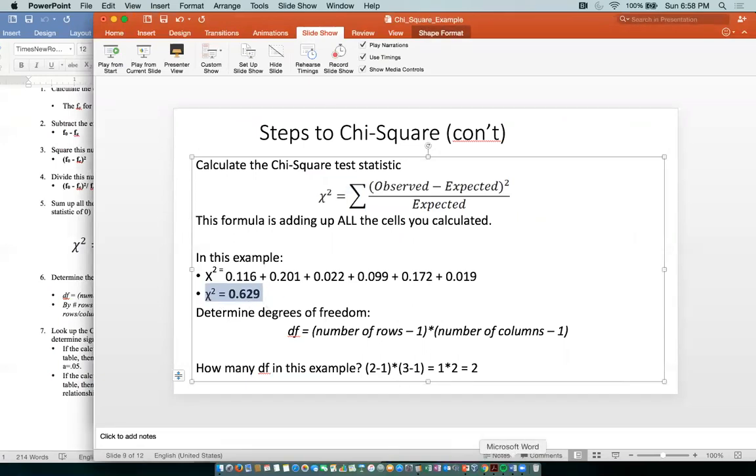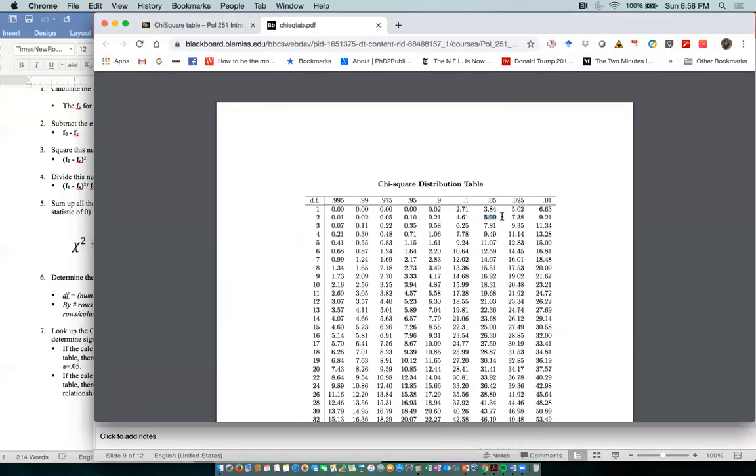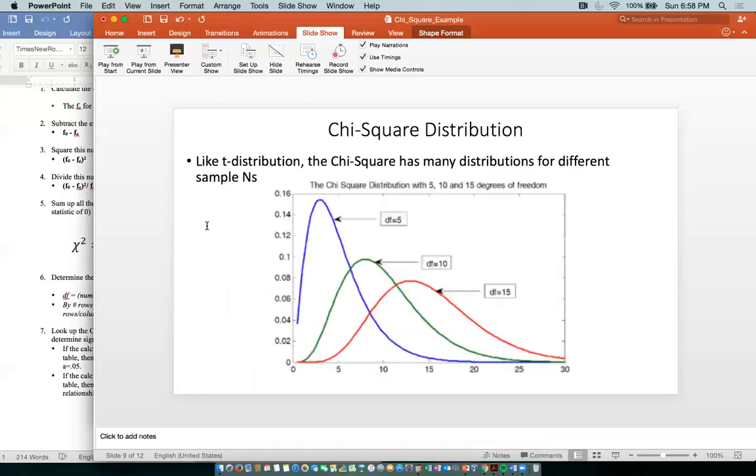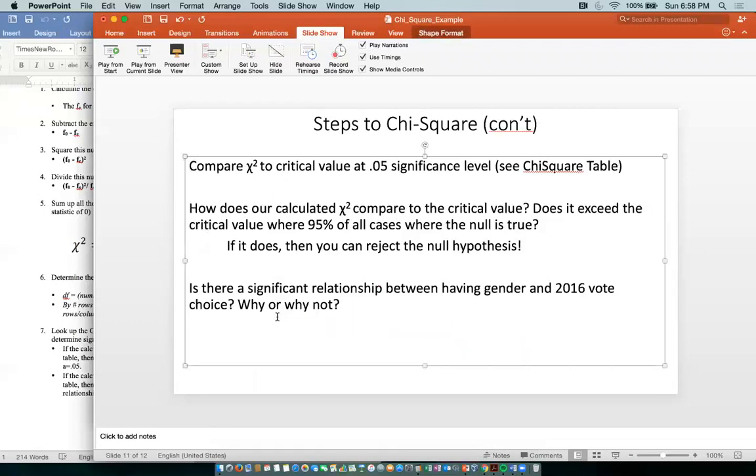We have our critical value of chi-square, which is 5.99. So if our calculated is 0.629, our critical is 5.99.